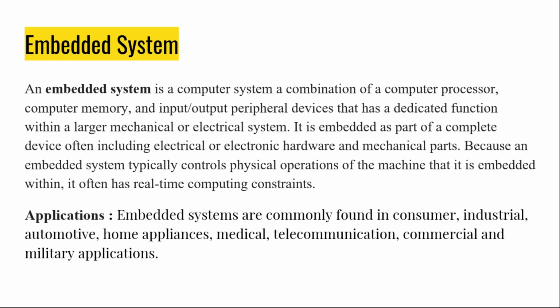It is embedded as part of a complete device, often including electrical or electronics hardware and mechanical parts, because an embedded system typically controls the physical operation of the machine it is embedded within.